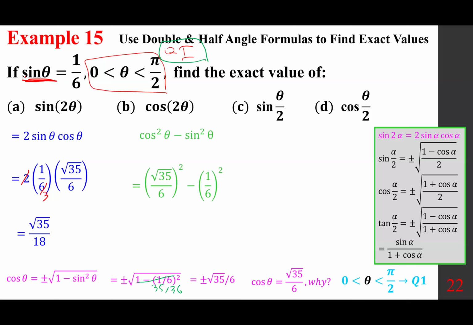So when you square them, this becomes 35 over 36, and this becomes 1 over 36. So 34 over 36, or 17 over 18. Pretty straightforward, everybody.